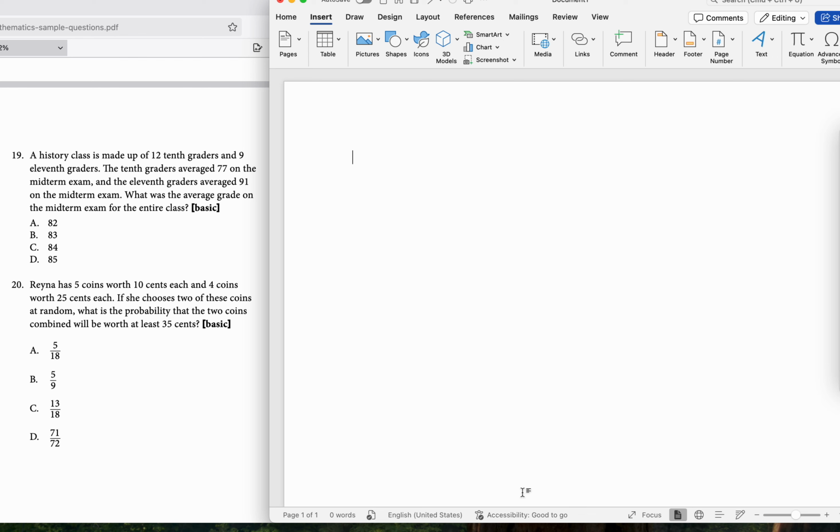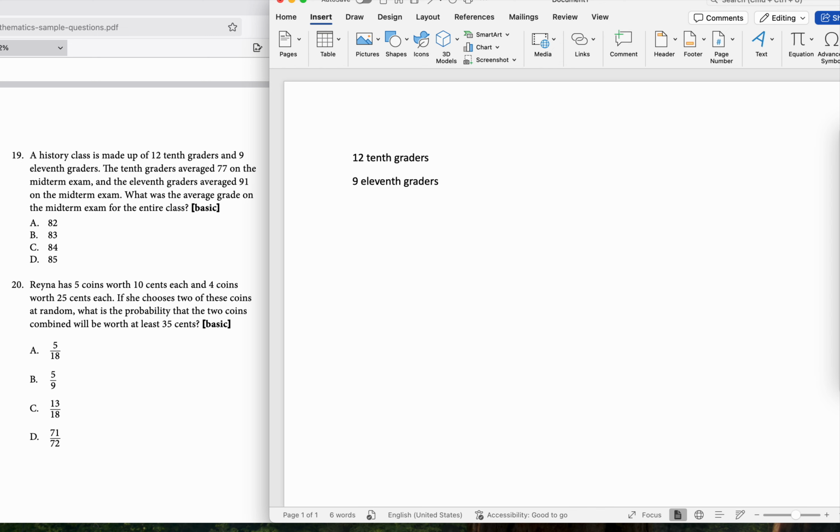Taking a look at number 19, I know that a history class is made up of 12 10th graders and 9 11th graders. So let's write that down. 12 10th graders and 9 11th graders.